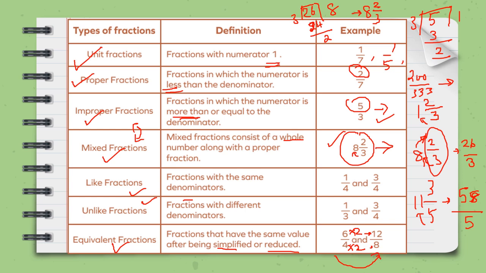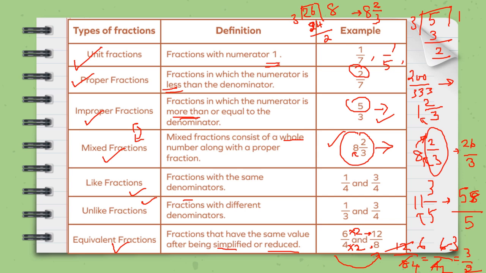Or in other words, if I get 12 by 8 and I simplify this by 2, I'll get 6 by 4. So 6 by 4 is another equivalent fraction. What is another equivalent fraction for 6 by 4? I simplify again and this becomes 3 by 2. So 3 by 2 is another equivalent fraction for 6 by 4 and 12 by 8 as well.